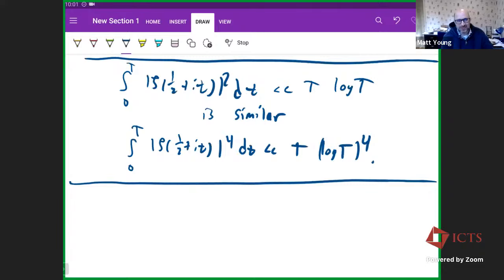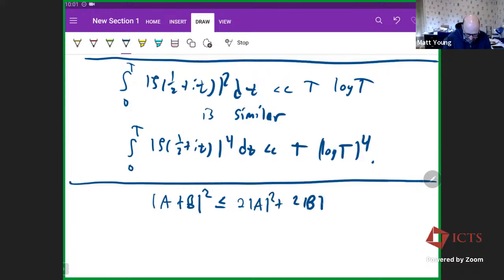So one of the things I did here was I used this very simple inequality that this is at most 2 absolute value of a squared plus 2 absolute value of b squared.